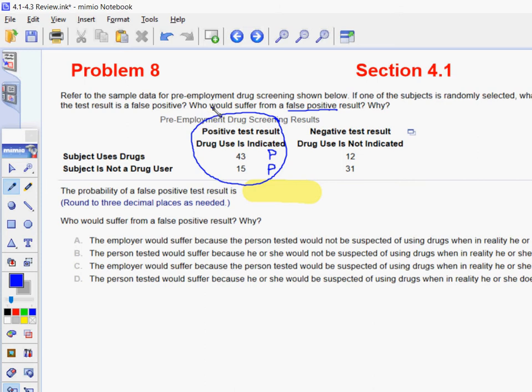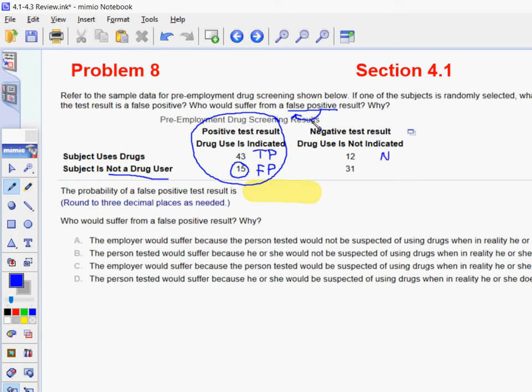A false positive is when the test is positive, but it's wrong. That means it tested positive for drugs, but they were not a drug user. So this right here tested positive for drugs, but they were not a drug user. This is what we're concerned with right here. Here, they tested positive for drugs, and they were a drug user. So this would be a true positive.